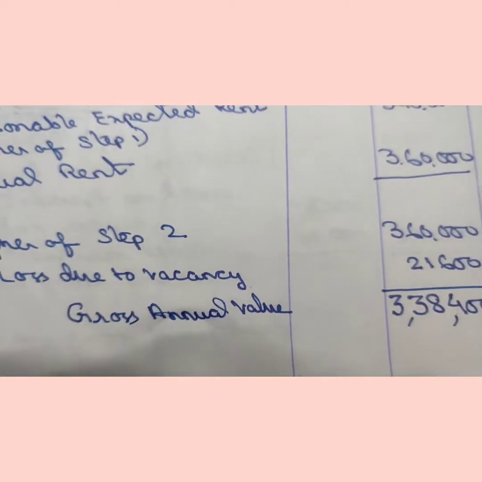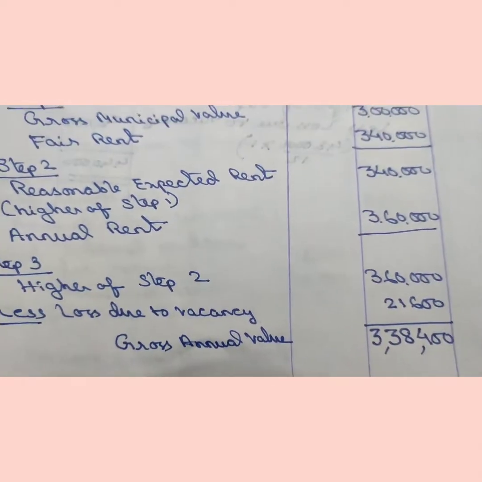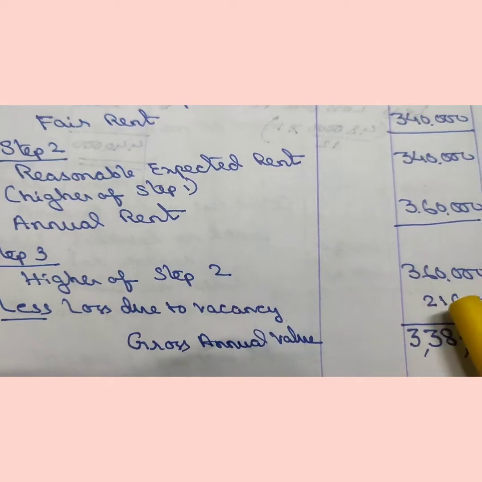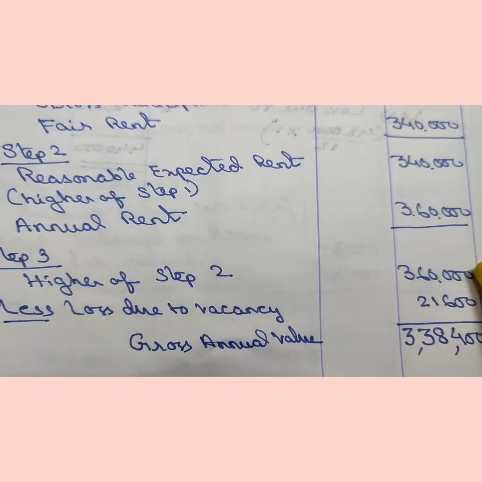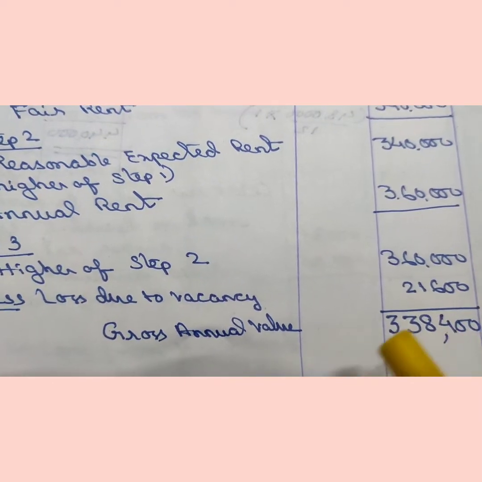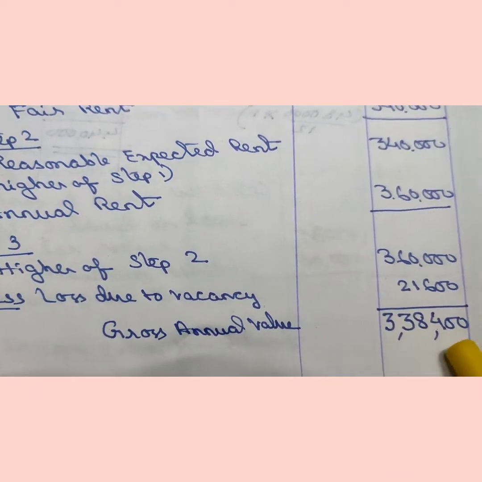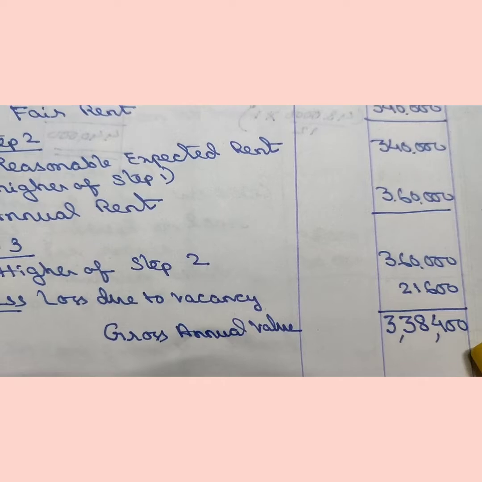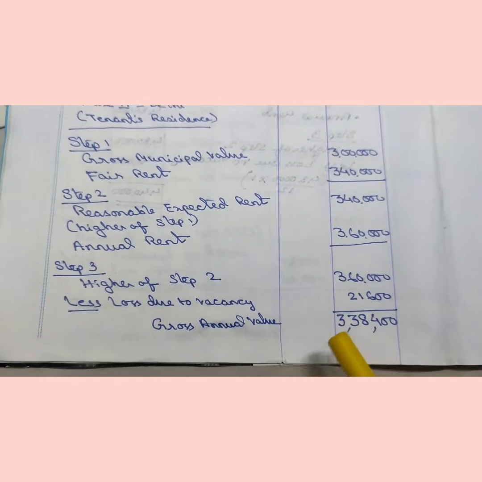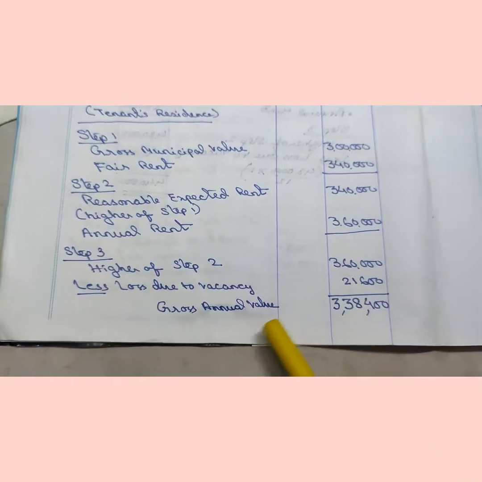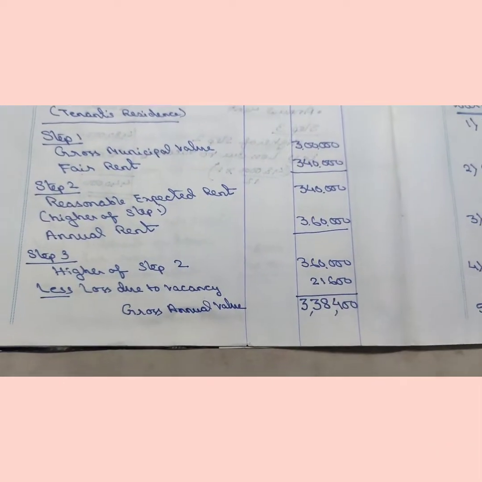So, for computing gross annual value, we have to deduct this loss due to vacancy from this higher of step 2, and we get gross annual value as 3,38,400. This is the gross annual value. Here we have to go to the next page.